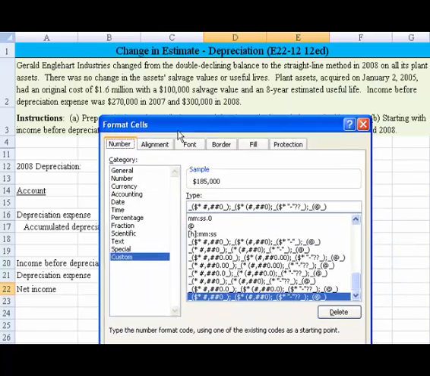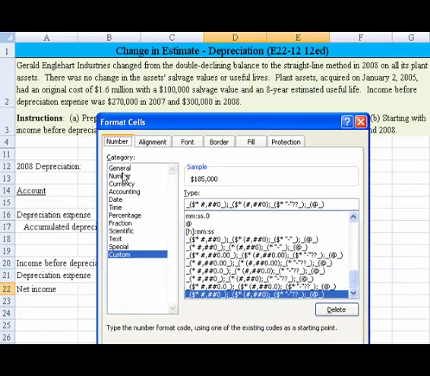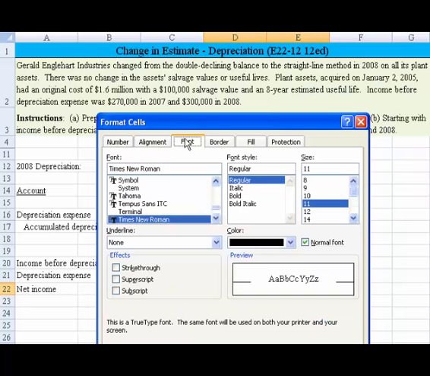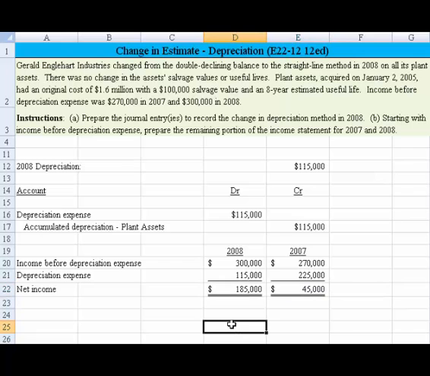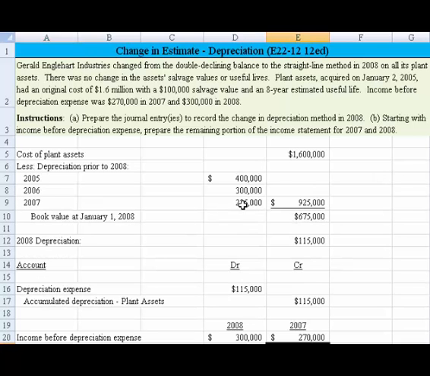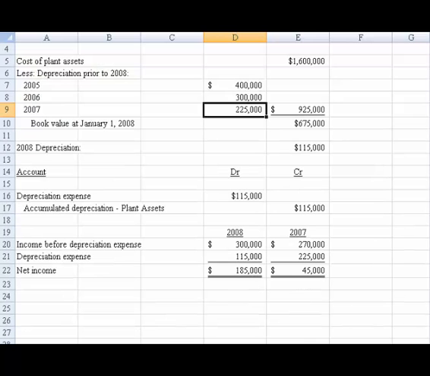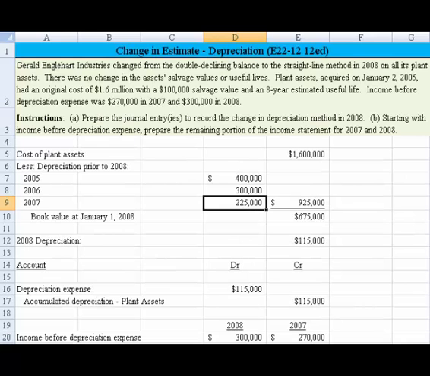I think if I go to font and do a double accounting underline, I can get it to show up right. Okay, so there's Part B solved, and the 225 came from up here in Part A, right there, 2007 depreciation. So if I slide, you'll see that we're not restating anything. We're just handling it on a go-forward basis. And that takes care of E2212, everyone.